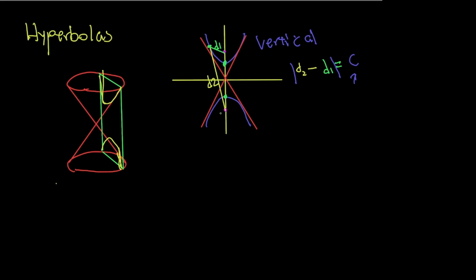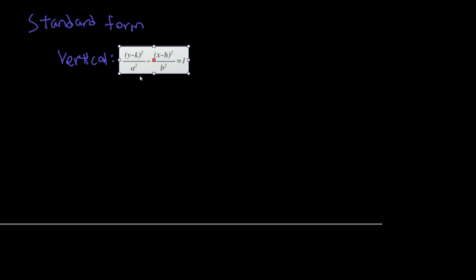The difference between the distance of one foci to a point on the curve and the other foci to the point on the curve will always be a constant number. And it doesn't matter where on the curve I pick. I could have picked here, here. It would all come out to this constant.